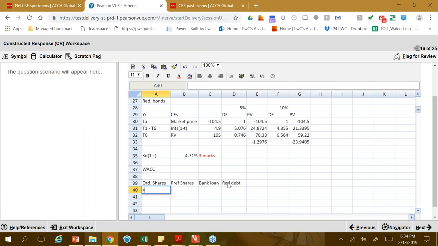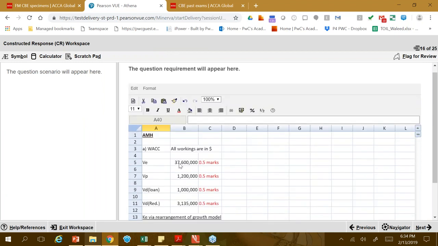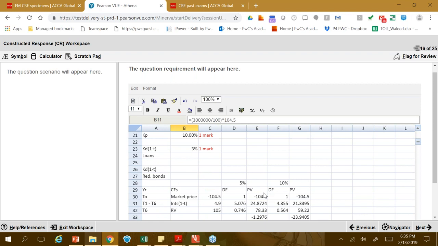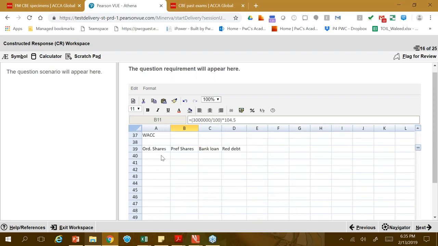So let's take our VE, which is in B5, over B5, B7, B9, and B11.